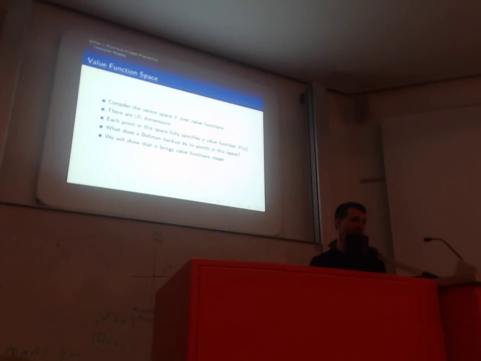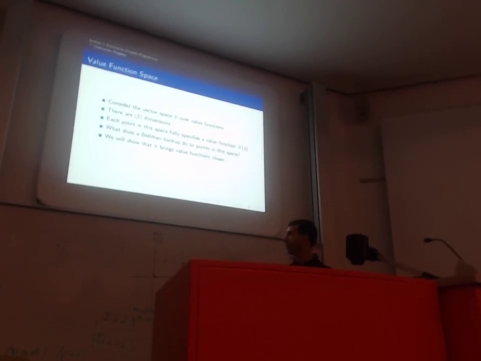The basic idea is to show that the Bellman equation brings value functions closer together. In other words, if you apply the Bellman equation to some value function v1, and you apply the Bellman equation to a different value function, v1 prime, where it takes you will be closer than where you started.